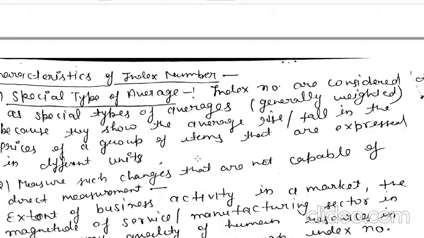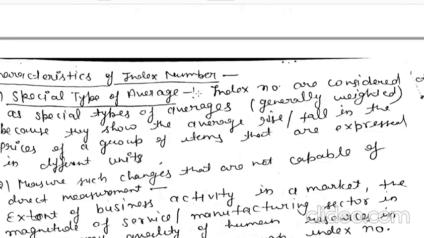First one, special type of average. Index numbers are considered as special types of average, generally weighted, because they show the average rise and fall in the prices of a group of items that are expressed in different units.